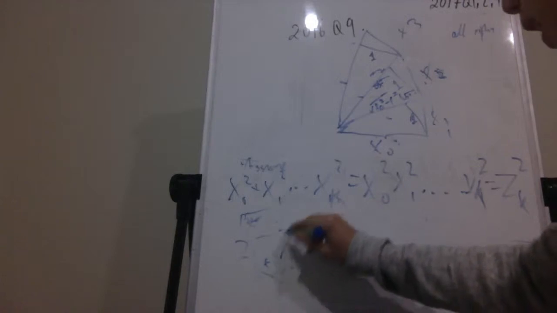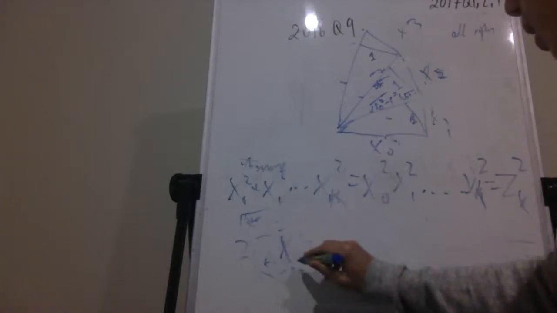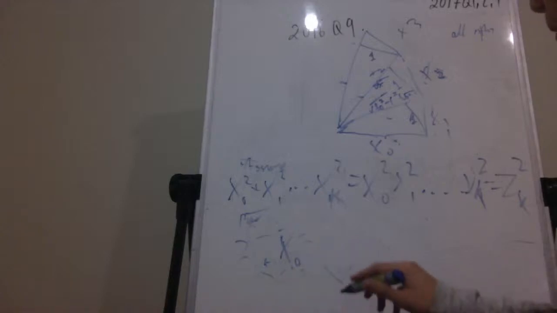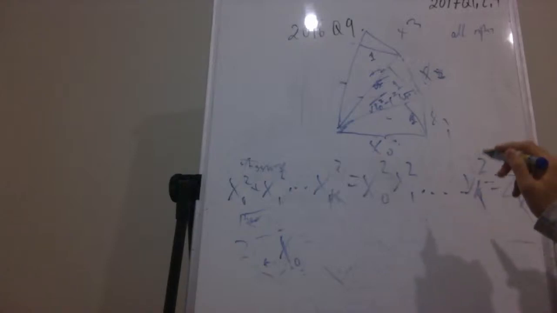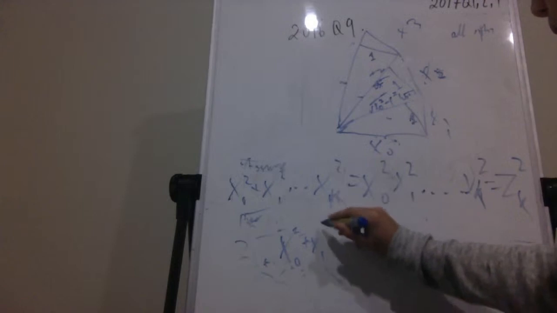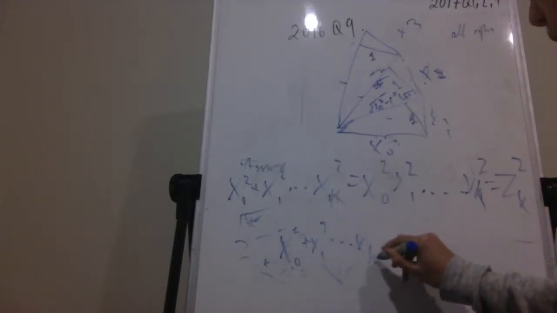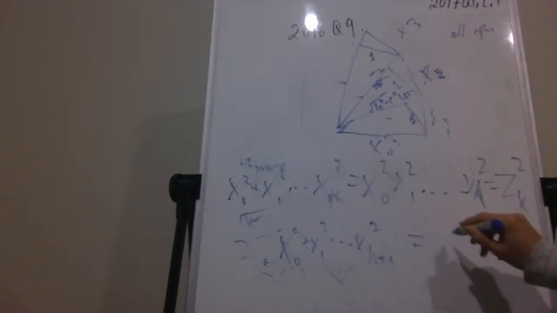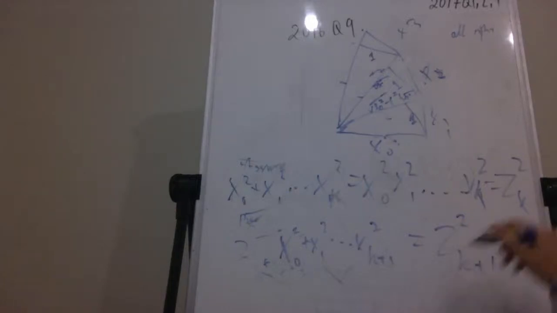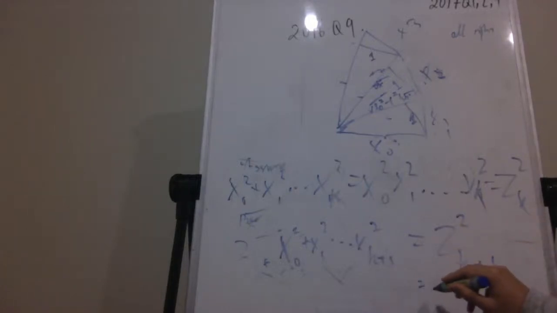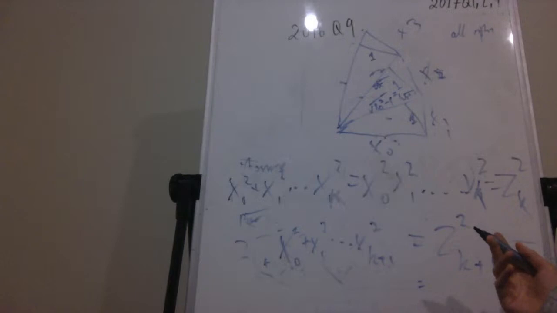If we prove that x0 squared plus x1 squared up to xk plus 1 squared is equal to zk plus 1 squared, and it's equal to the product of those squared, yeah? Yeah, so basically we're proving two different things.